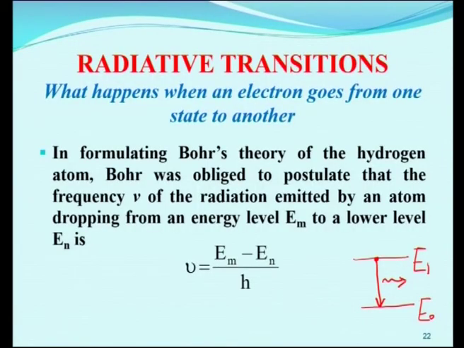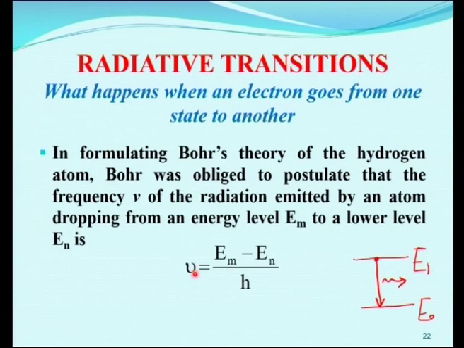In formulating Bohr's theory of the hydrogen atom, Bohr was obliged to postulate the frequency nu of the radiation emitted by an atom dropping from energy level Em to the lower energy level En. So, from the difference of energy, we will have a frequency of the radiation emitted during the de-excitation. We have an equation for that.